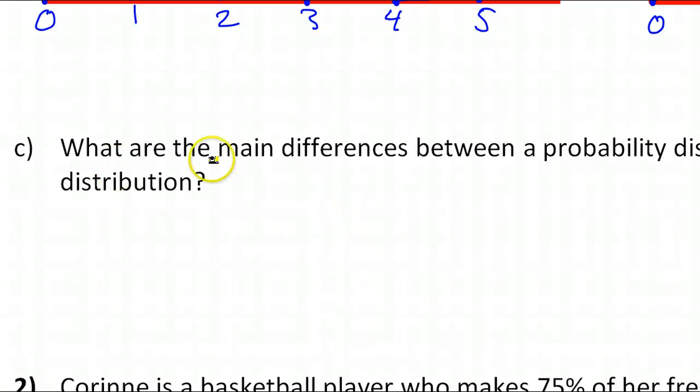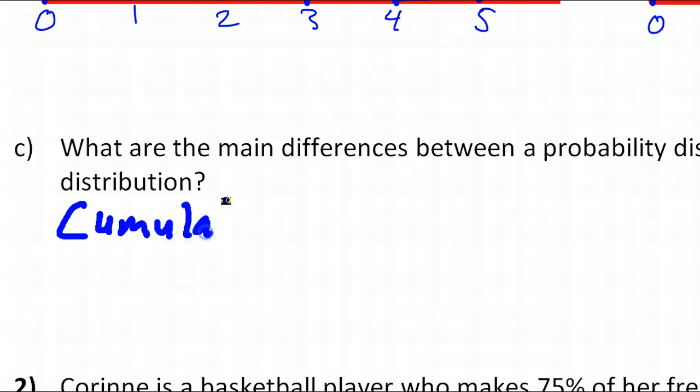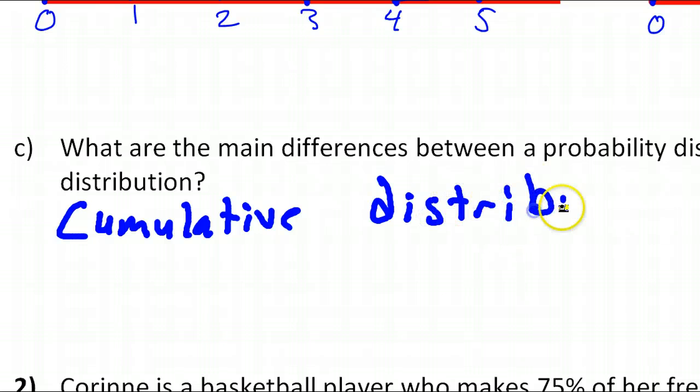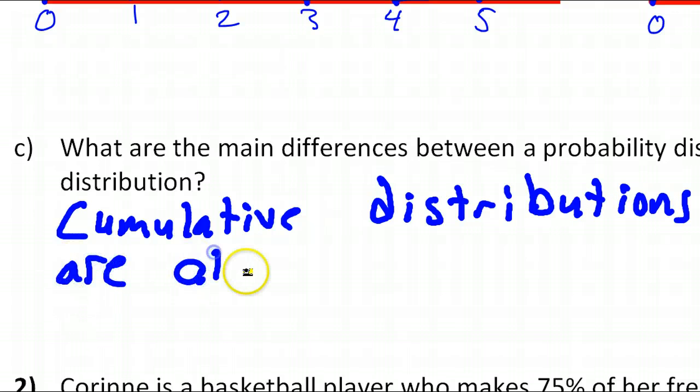Okay? So that's the main thing I wanted you to say right here. Cumulative distributions are always skewed left.